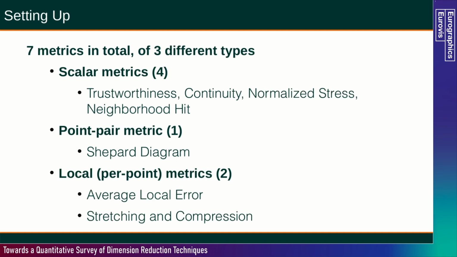We ended up with 7 metrics in total of 3 different types. So we have scalar metrics, like trustworthiness, continuity, normalized stress, neighborhood hit, which all are pretty popular in the DR literature. Then we use the Shepard diagram, which is a point parametric. Then we use local metrics, which measure errors per point, as average local error and stretching and compression.